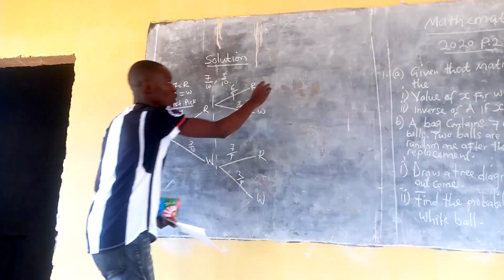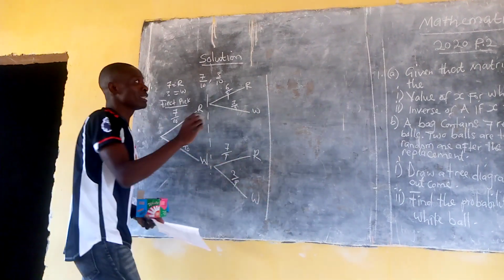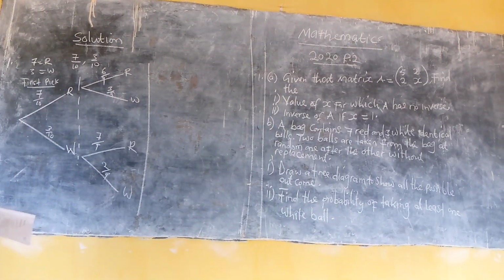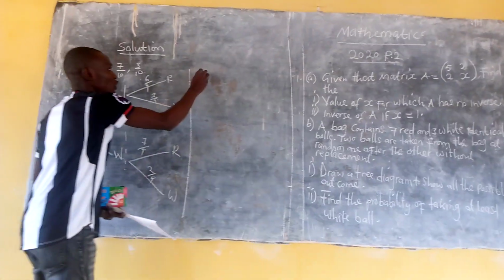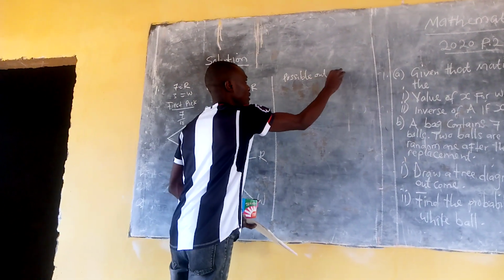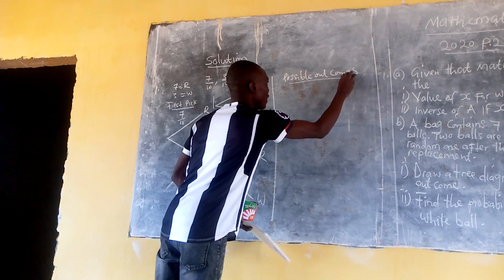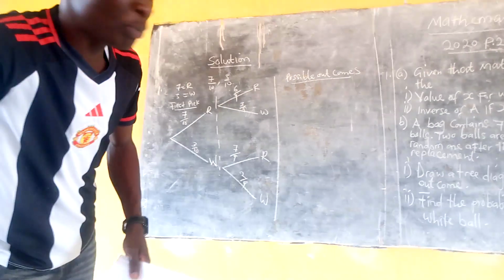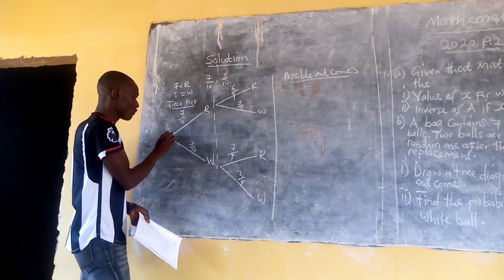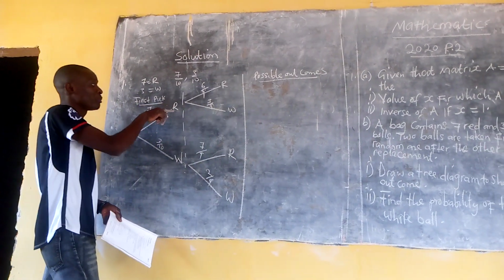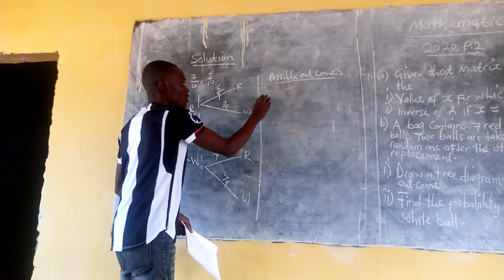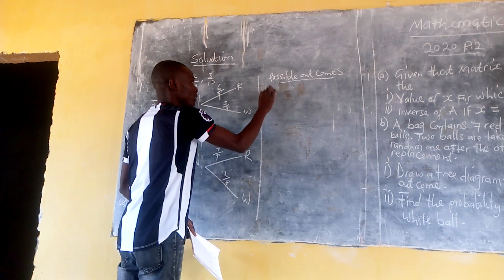Are we together? So, let's look at the results which they are looking for here. Draw the tree diagram to show all the possible outcomes. So how do we pick the possible outcomes? They are picked like this. If you follow this line, it goes straight, so it will be red, red.